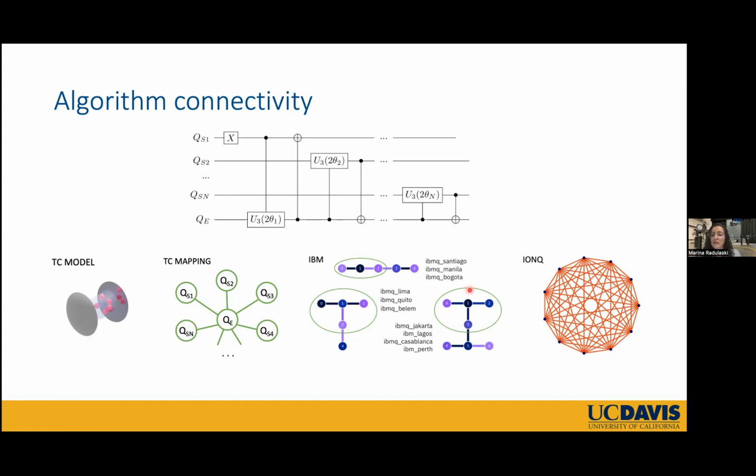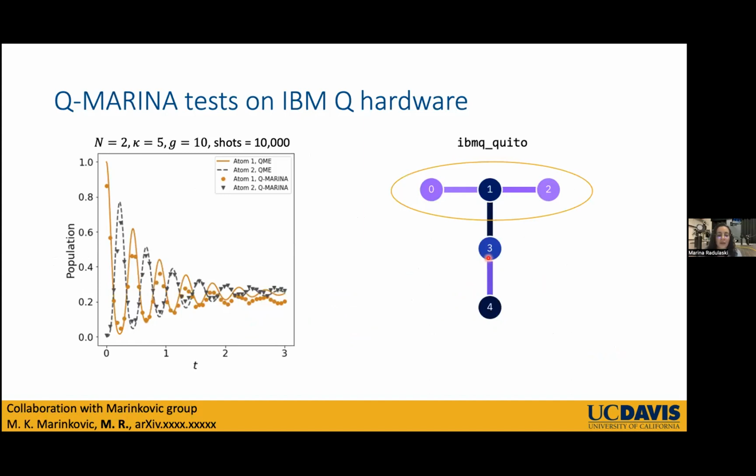Of course, this is not an exhaustive list of systems. There is the Advanced Quantum Testbed with all-to-all connected chips, as well as the Sandia platform with trapped ions. So there are other venues that we expect to test our algorithm on. But for now, let's see what we obtained on the IBM quantum computers.